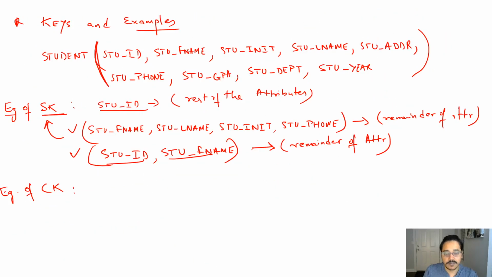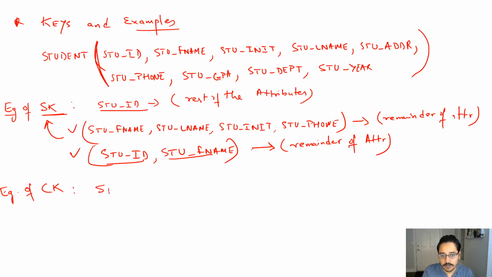So that means here, student ID determining the rest of the attributes is an example of not just functional dependency, but full functional dependency, because if you remove student ID, then this determination relationship breaks down, right?